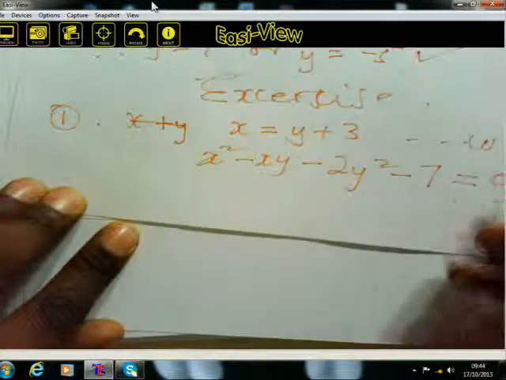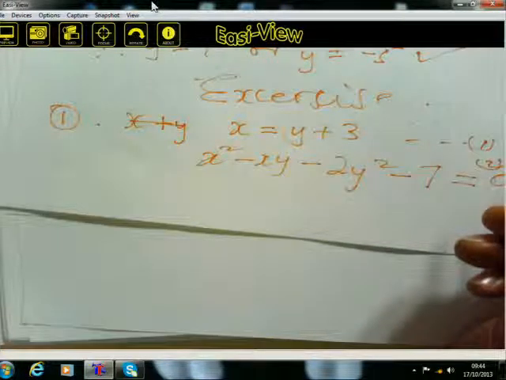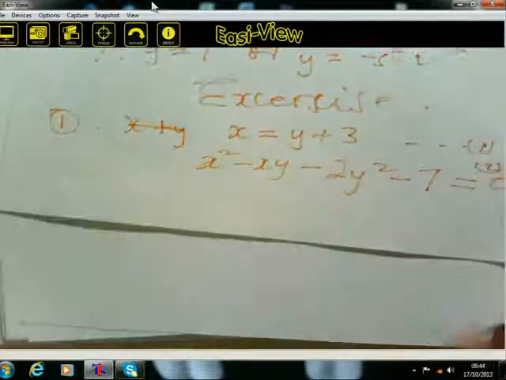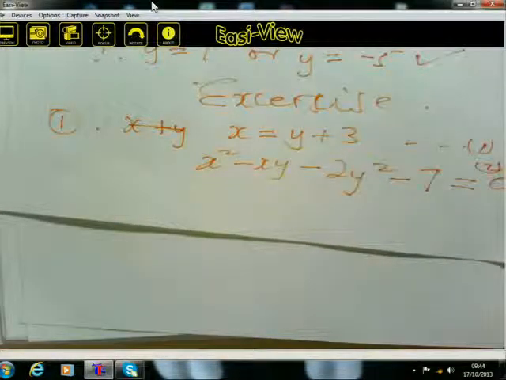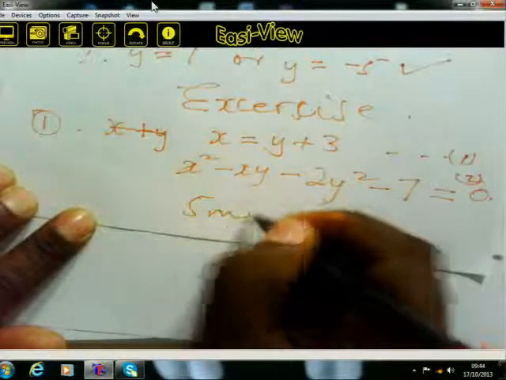This is going to be the second one. And then solve it as an exercise. I'm just going to give you 5 minutes to do this. And this consists of 5 marks.